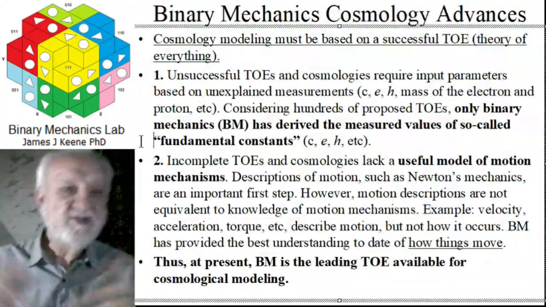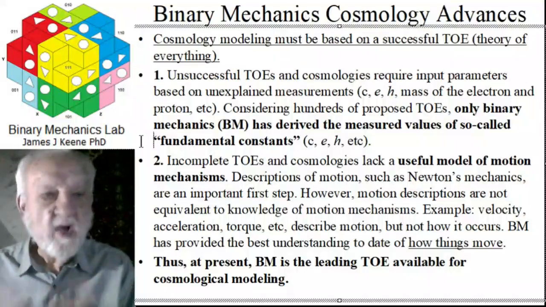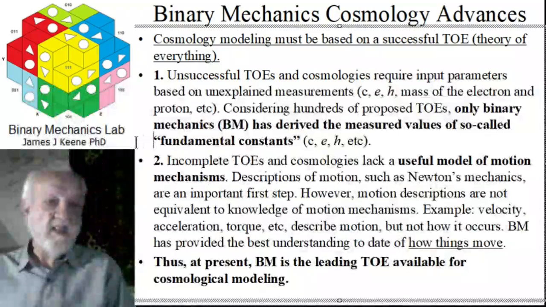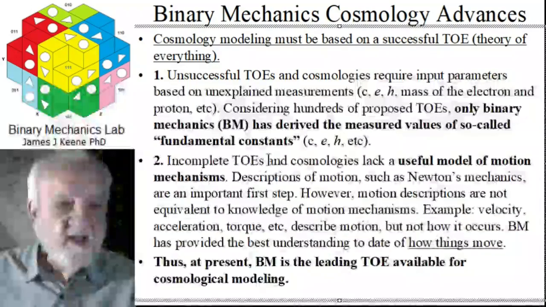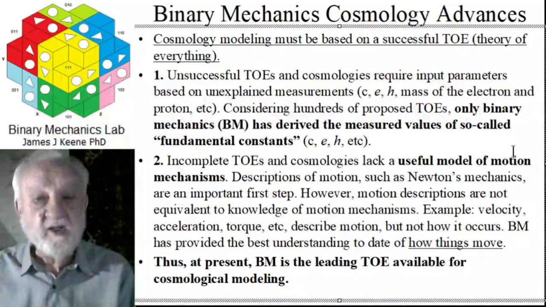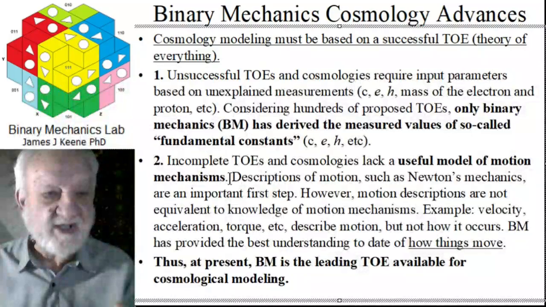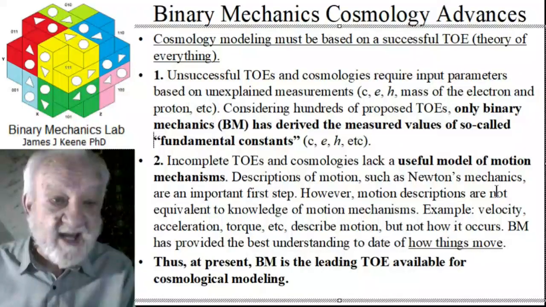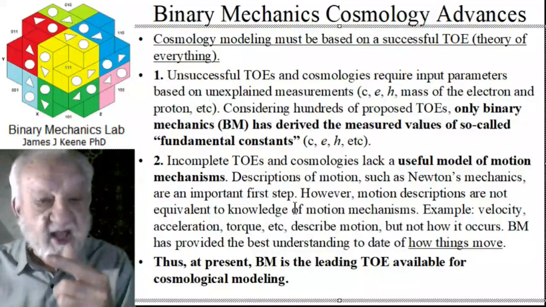Okay, let's consider a second point in why binary mechanics is a successful theory of everything. Incomplete TOEs and cosmologies lack a useful model of motion mechanisms. Descriptions of motion, such as Newton's mechanics, are an important first step.